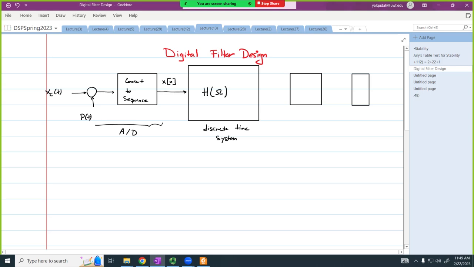And after I operate on this signal, x of n, this is going to give me an output that I'm going to call y of n. Then I'm going to take this y of n and convert the sequence to impulses or impulse trains.